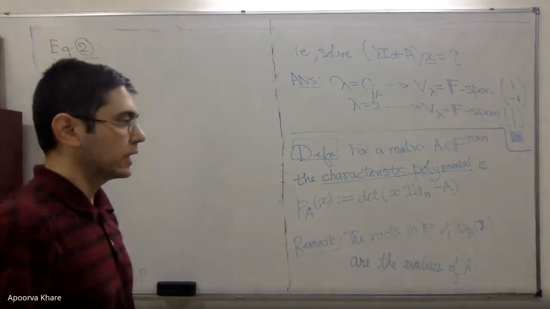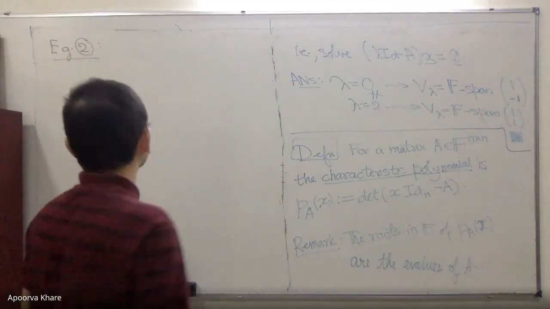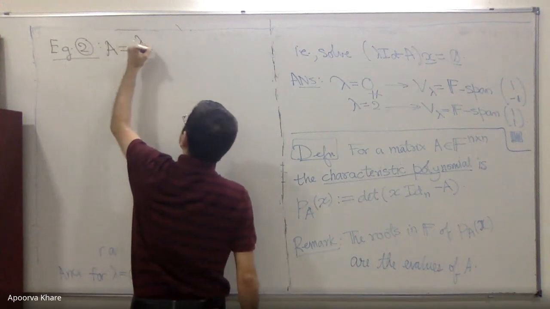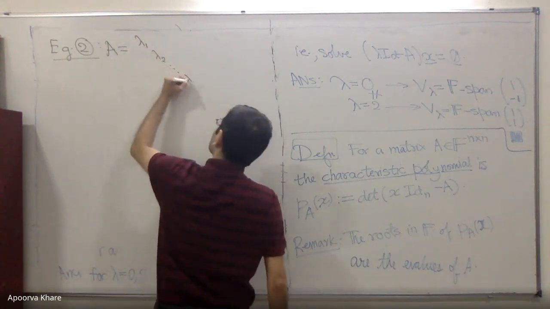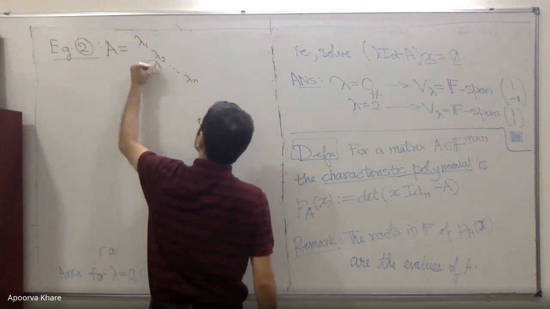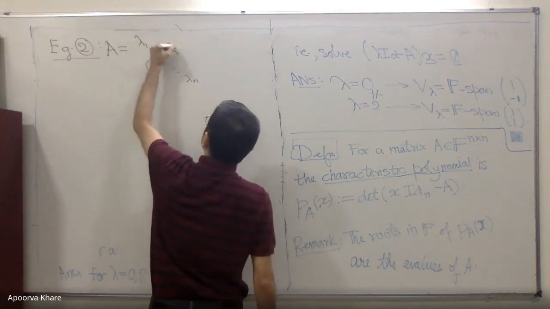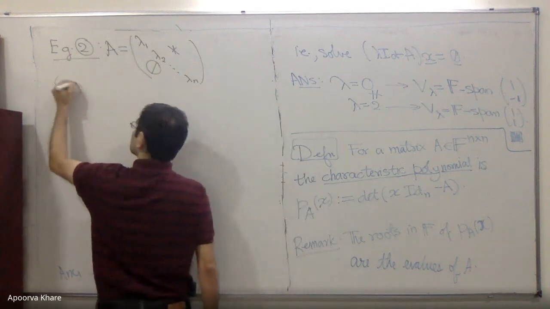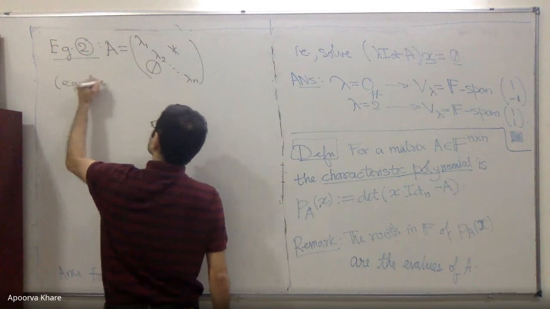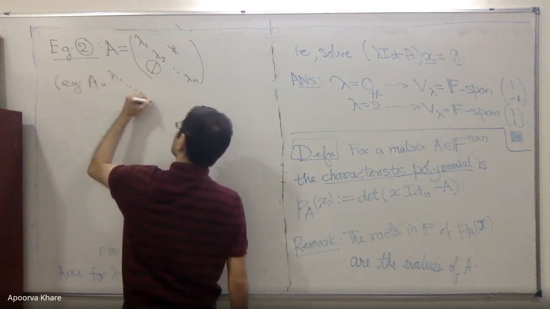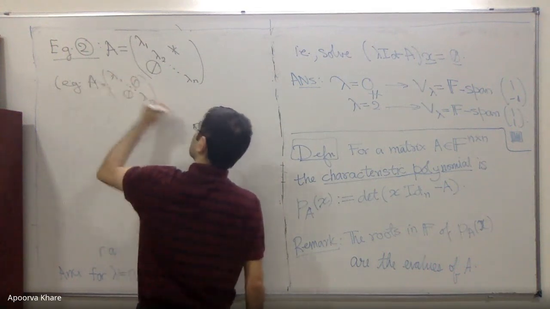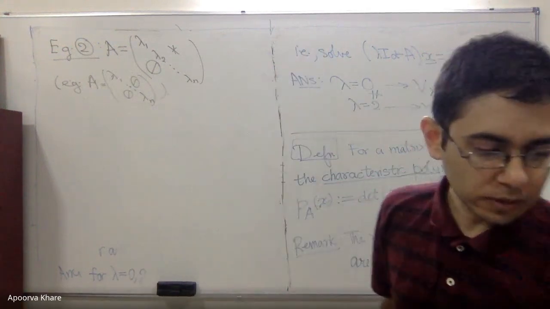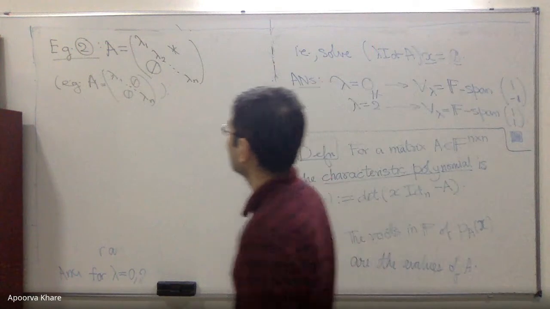Let's say A is upper triangular, with lambda 1 through lambda n on the diagonal, zeros below, and whatever above. In particular, A can also be, of course, diagonal, since the entries above the diagonal can also be 0.